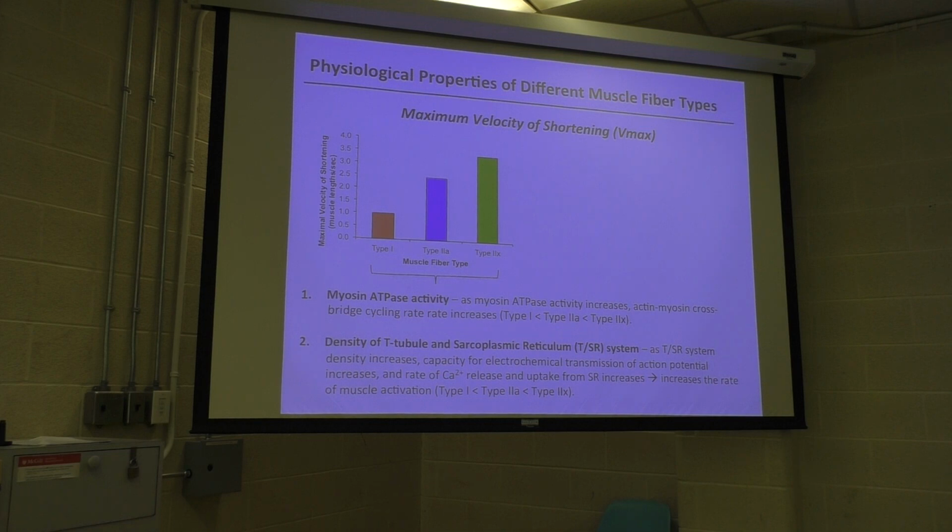So they have what we talked about last time, the T-tubule system, which wraps around and spreads the action potential. Really large fibers need a quick way to do that, so they are going to have a more reticulated T-tubule system. That allows for an increased rate of muscle activation. Okay.